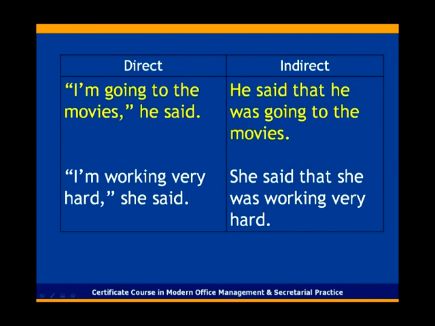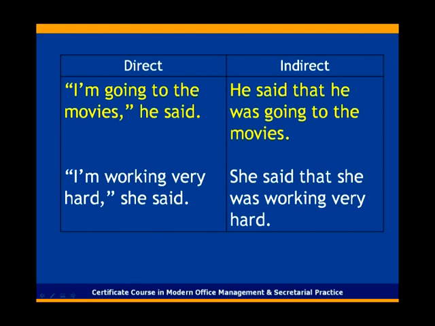"I am going to the movies," he said. Think about this. Is this direct speech or indirect speech? If you said direct speech, you are absolutely correct. You probably saw the quotation marks, didn't you?